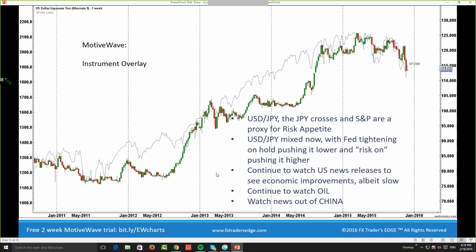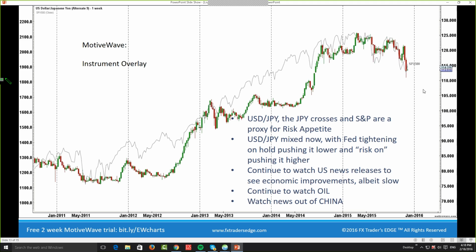So the S&P is superimposed on the dollar yen, and you can see the strong correlation between a move up in the dollar yen and a move up in the S&P, and then the dollar yen flattens out, as does the S&P, and then the dollar yen starts to move lower, and it looks like they both moved lower at the same time and did a nice three-wave corrective sequence down, which you will learn about when Juan does his Elliott wave analysis.